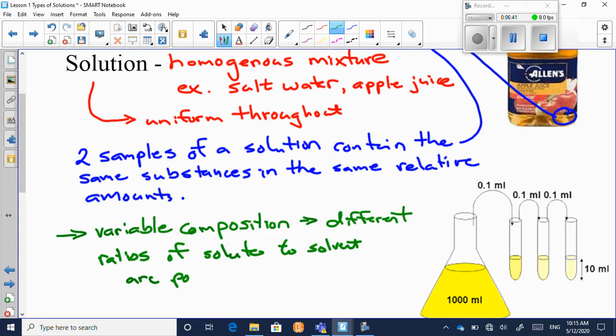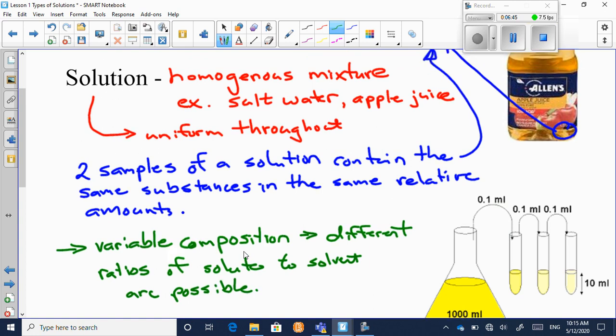So to go back to the apple juice example, obviously there's a ratio of sugar to water in that apple juice. Well, you could have a different ratio. You could put a different amount of sugar in, and so the variable composition means that you don't always have to have a 1 to 100 ratio. It can vary. And so there's different ratios possible.